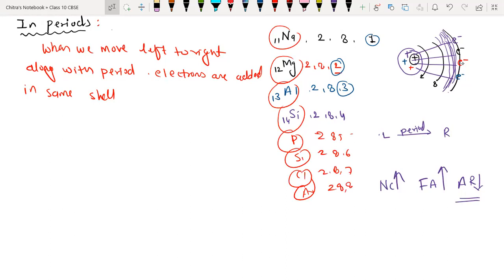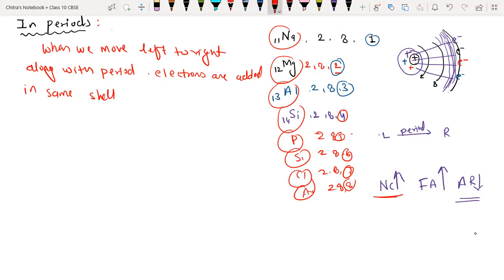So they all have 3 shells only, but each time one electron is added in the outermost shell. Due to the addition of electron in the outermost shell, protons will also increase because all atoms contain an equal number of electrons and protons. So the increase in protons in the nucleus is called an increase in nuclear charge.